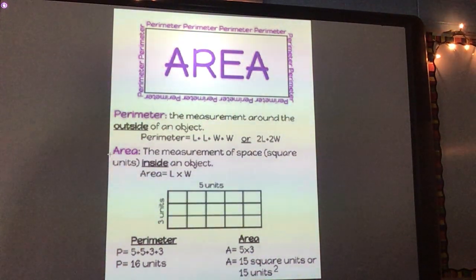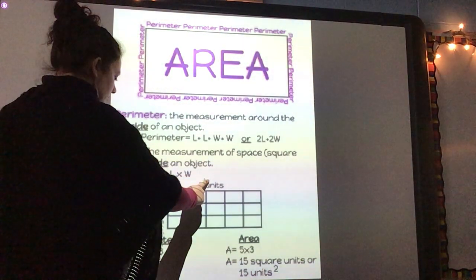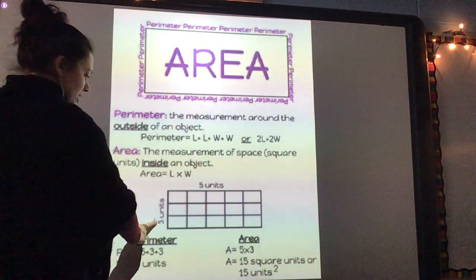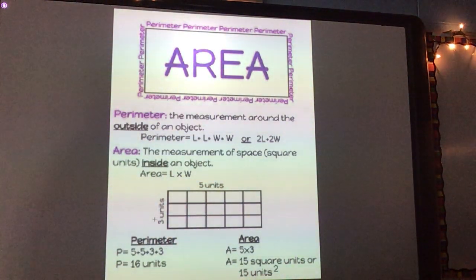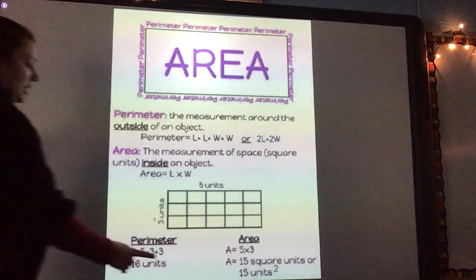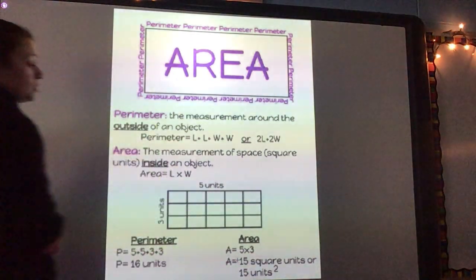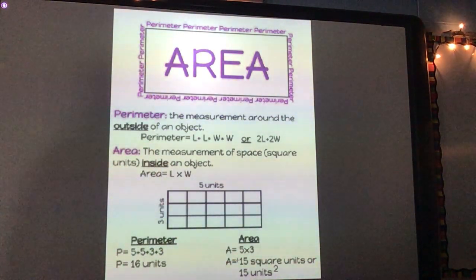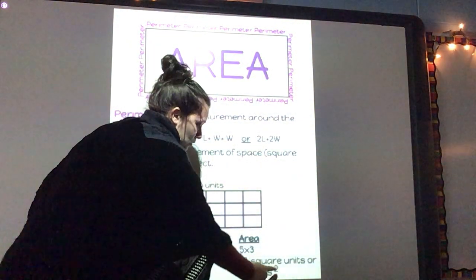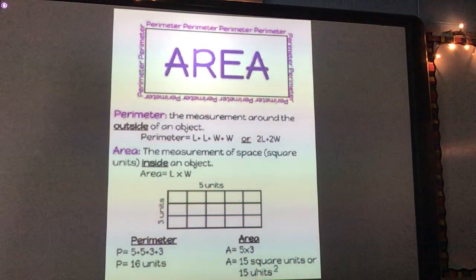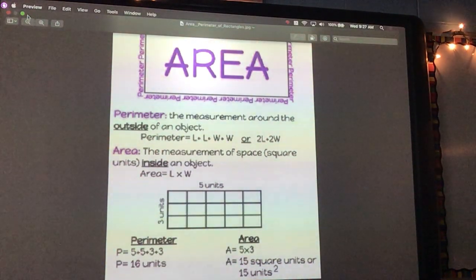They have an example of 5 units and 3 units. So my length times width, 5 times 3 to give me 15 square units, or 15 units with our little 2 exponent squared. Okay, so I would definitely save this on your iPad as a nice help sheet.